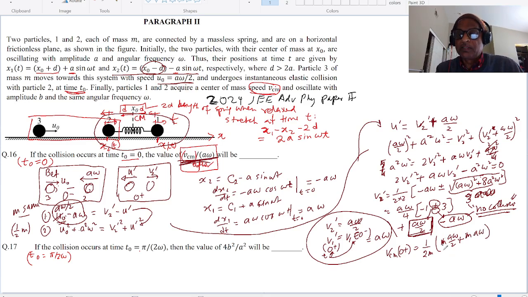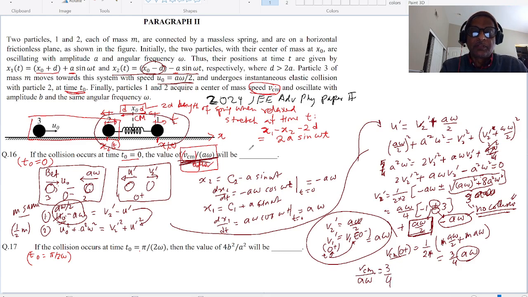So m cancels out, and this is 3/2, so this is 3/4 a omega. So divide by a omega over here, so VCm over a omega is 3/4. So this is 0.75. So that's the answer. Now we can do this next.